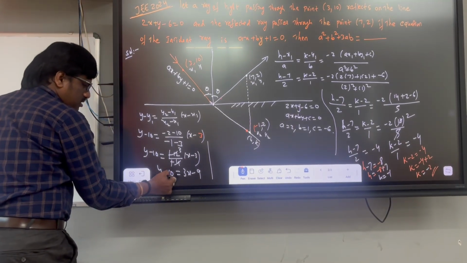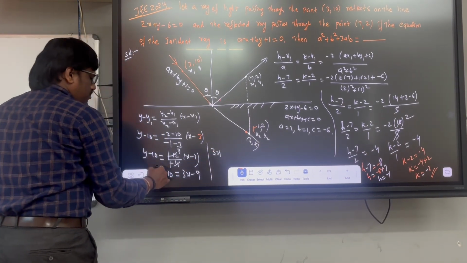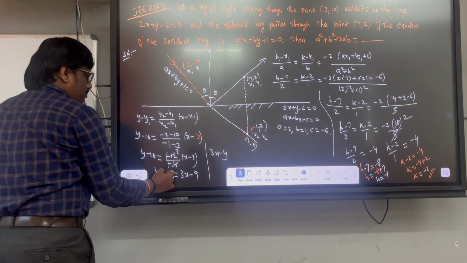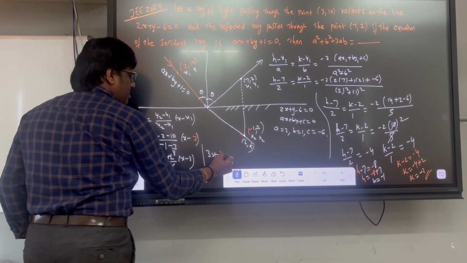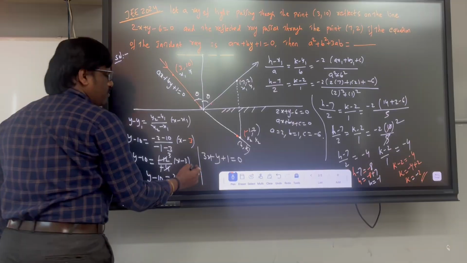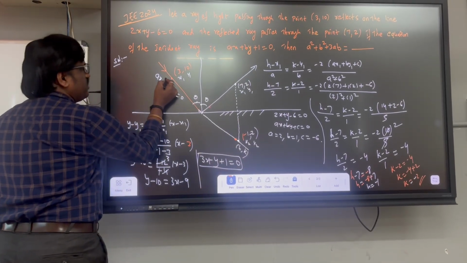If you simplify this, I get 3x - y + 1 = 0. This is the line of incidence.